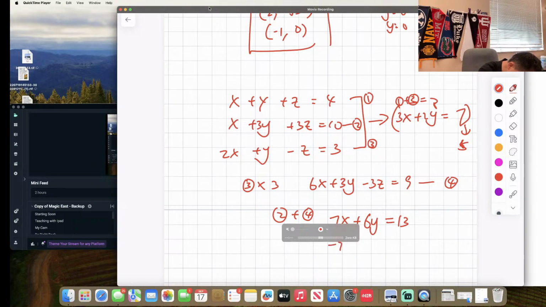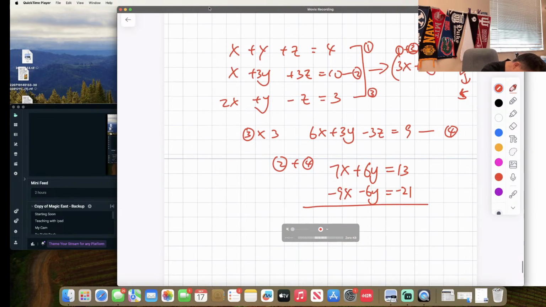So it'll be -9x minus 6y. -3 is -21. Hopefully it'll work out. -2x is equal to, what is that? -8.